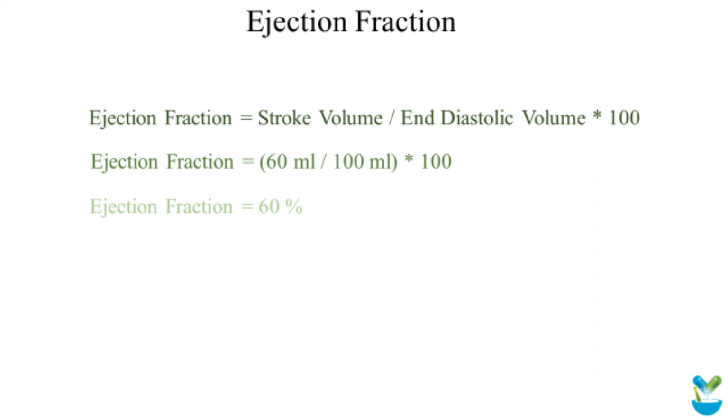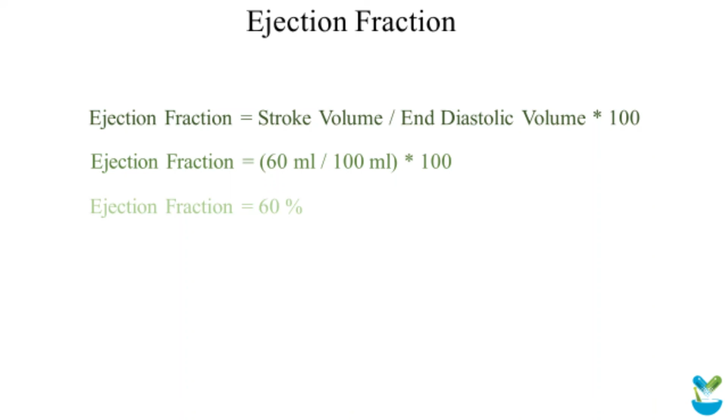So we can calculate this ejection fraction if you know the stroke volume, the amount of blood ejected from the heart in one beat, over end diastolic volume, the volume of the blood which is filled in the ventricles when they are relaxed, and multiply by 100 because we need to find out the percentage. So the stroke volume that we had calculated was 60 ml and the EDV, end diastolic volume, is 100 ml. So the ejection fraction here is 60%.